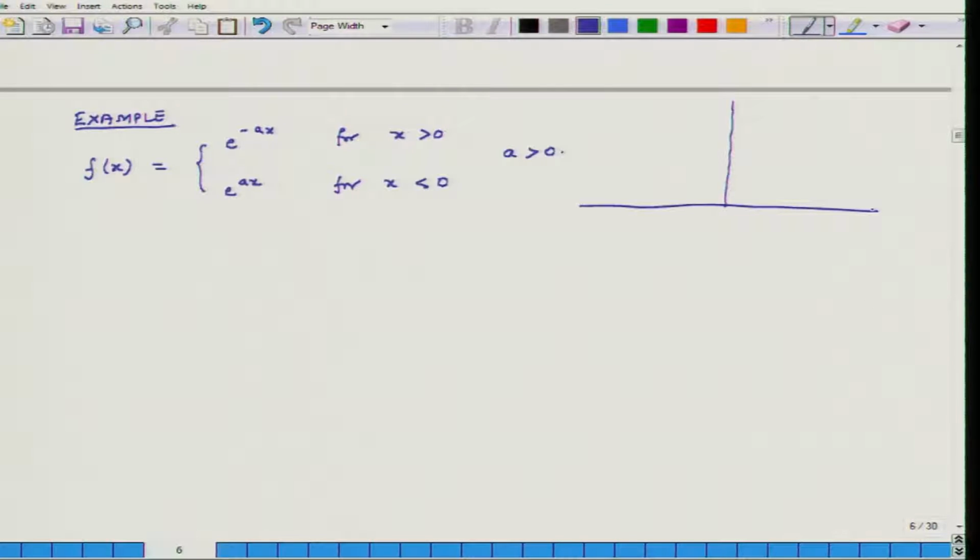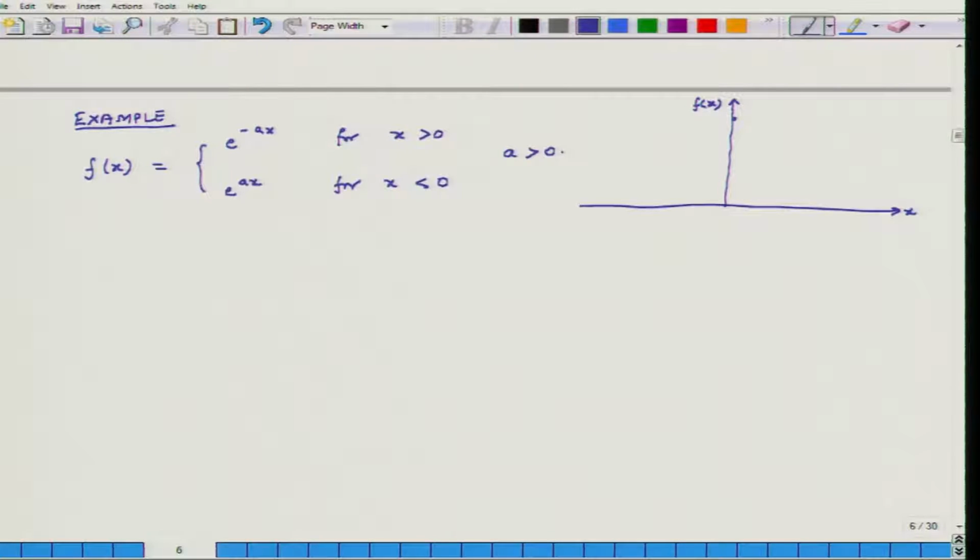At x equal to 0, the value is going to be 1, and as x increases on the positive side, this expression looks like this. This is x, this is f(x).